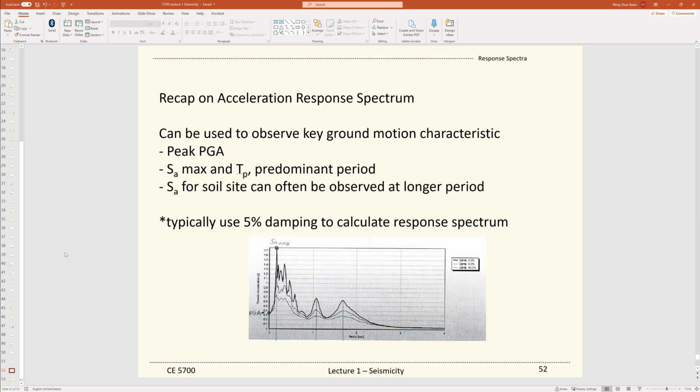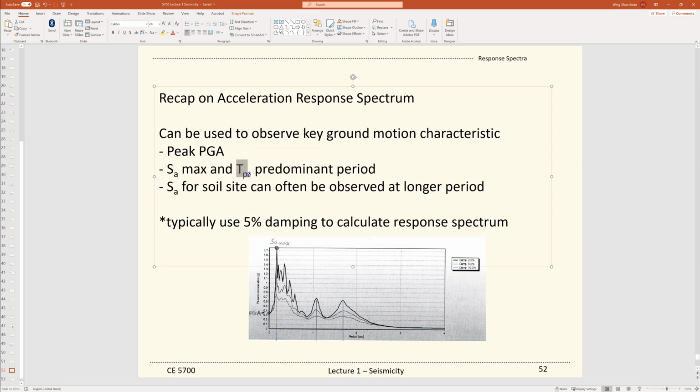So a recap on acceleration response spectra. It can be used to observe key ground motion characteristics, peak ground acceleration, and the S sub A max. This is the pseudo acceleration that we can use for simple design calculations. And the predominant time period can be identified.